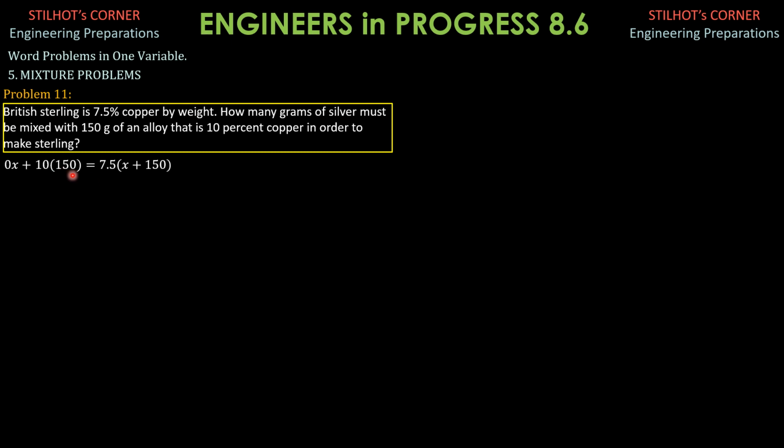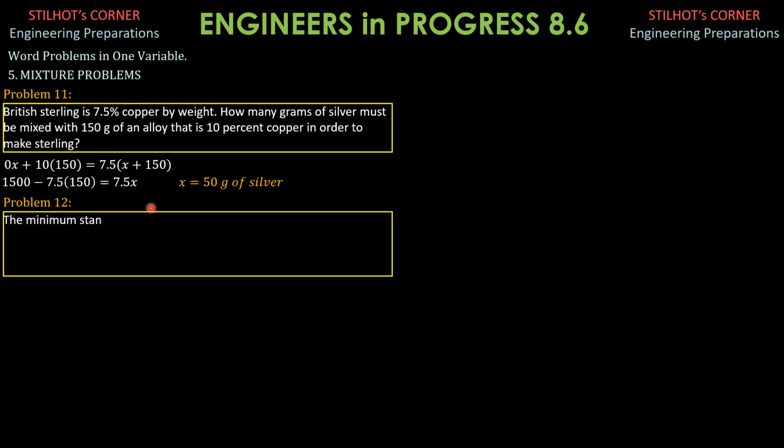So 10 times 150 minus 7.5 times 150 equals 7.5x, or 1,500 minus 7.5 times 150, because this is 1,500. Then transpose 7.5 times 150 to the left, so 1,500 minus 7.5 times 150 equals 7.5x. Using your calculator, x is 50 grams of silver that must be used in order to produce British sterling.